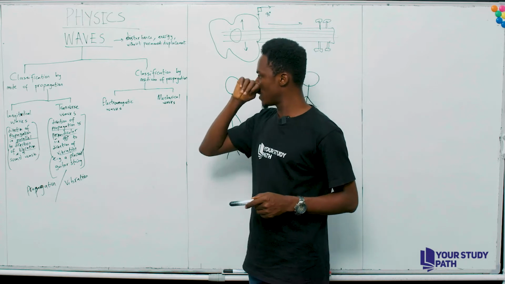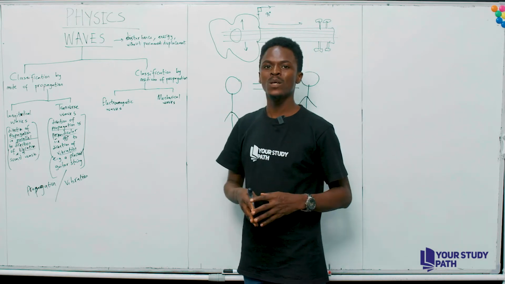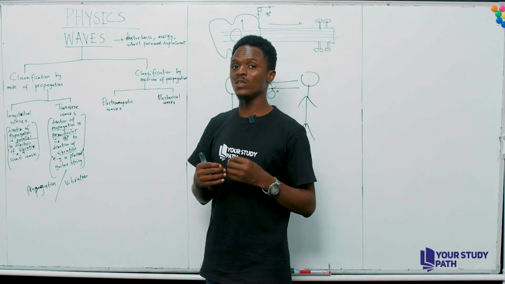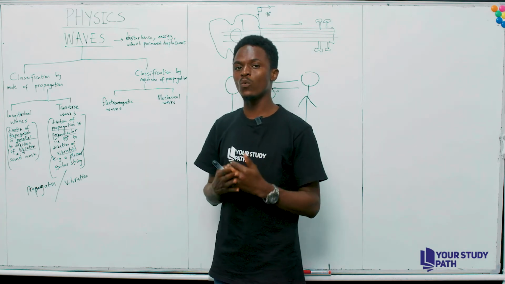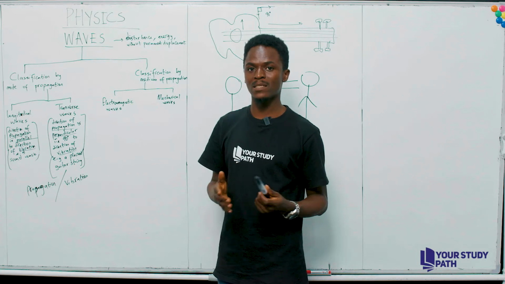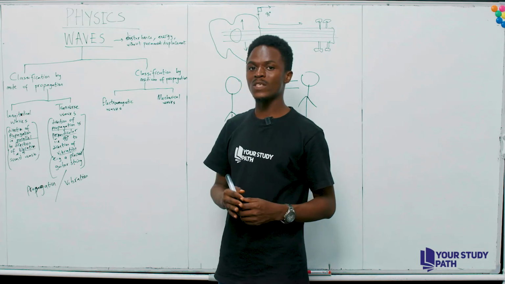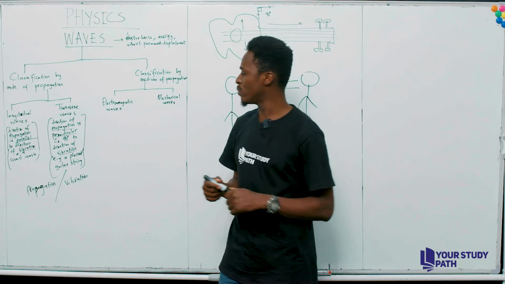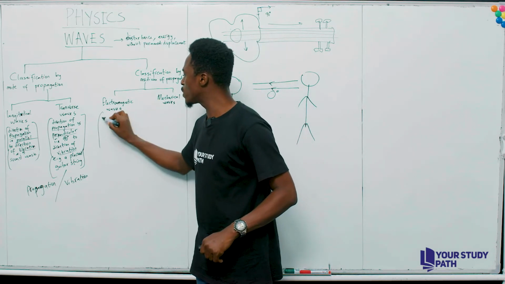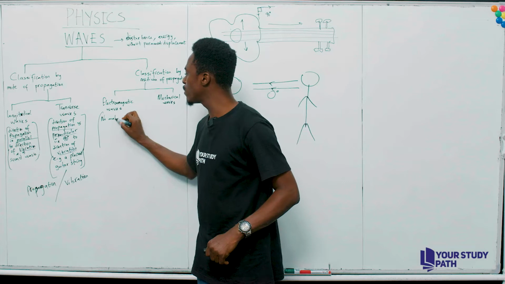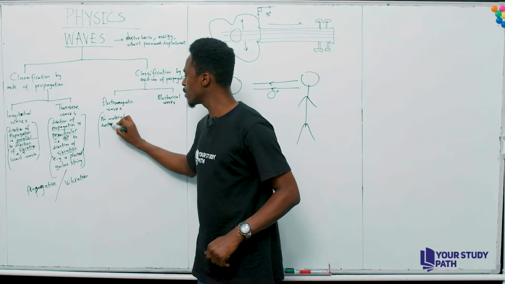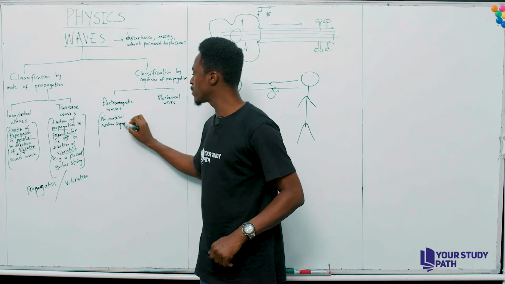When we now come under classification based on medium, it's easy to pick and differentiate between the one that will require a material medium and the one that is not going to require a material medium. Electromagnetic waves are wave types that do not require material medium for propagation. So we say no material medium required.